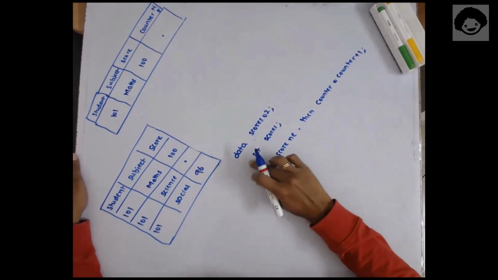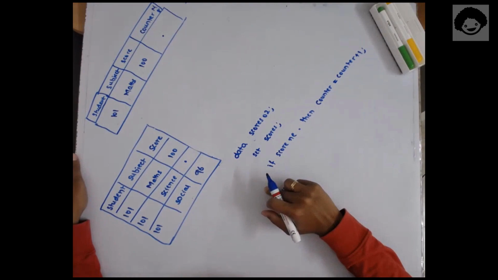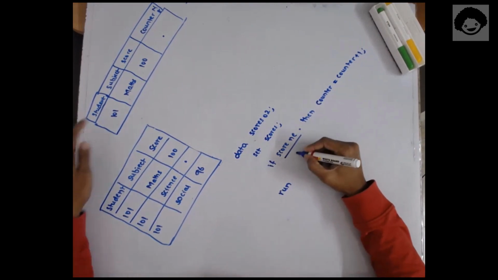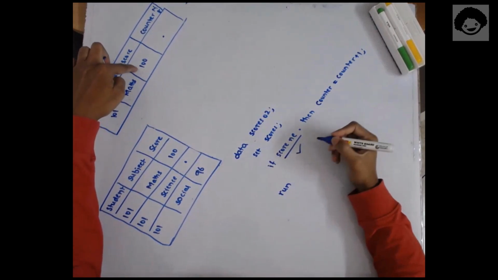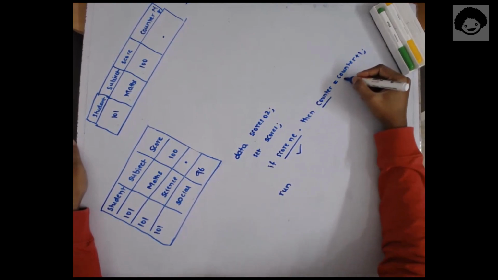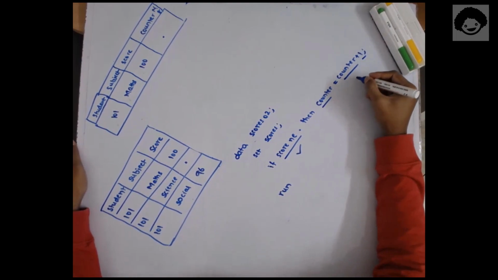Then SAS moves on to execution of this statement. If score not equal to missing: yes, on the first observation the score is 100, not missing. Then we are asking SAS to set counter equal to counter plus 1. So what is the value of counter here?